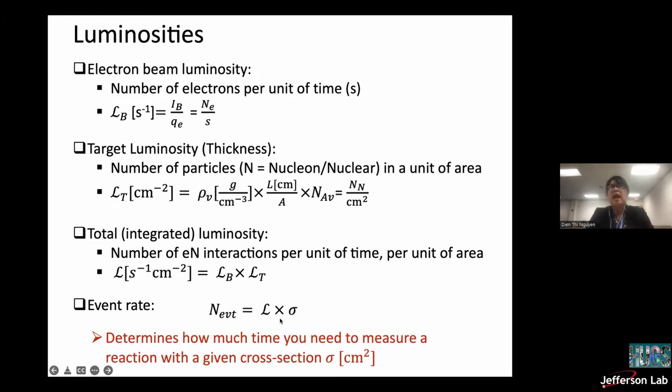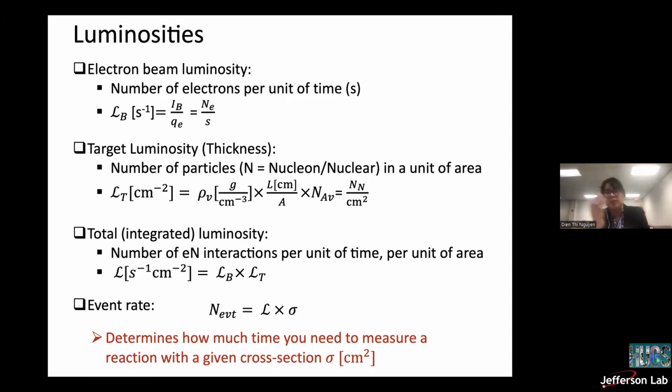So for example, if your advisor sends you to some facility, they know the luminosity of the facility, and then they can tell you which physics process you want to measure. For each physics process, you will be able to calculate the cross section, and then you will be able to calculate the event rate. This is how people estimate the time and make the run plan for an experiment.